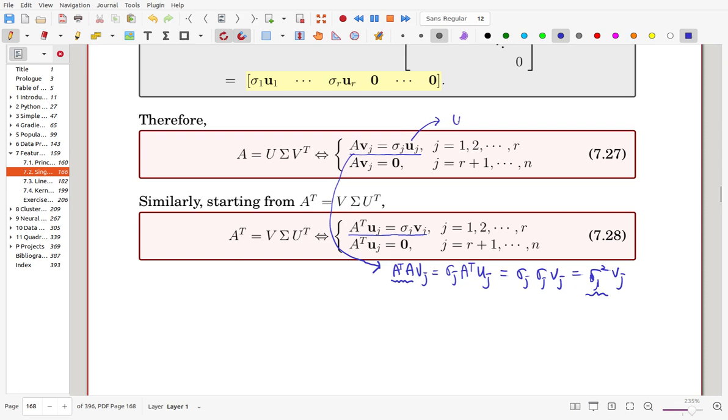Uj equals 1 over sigma j times A Vj. After getting sigma and V, by multiplying this way, you can get Uj, right?